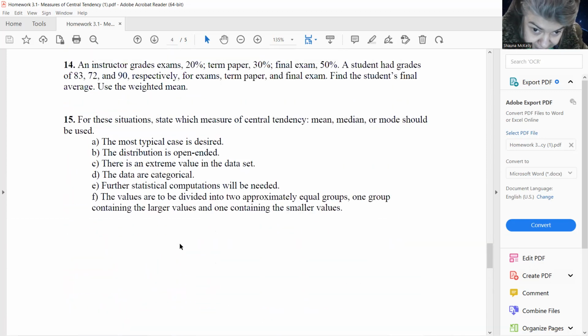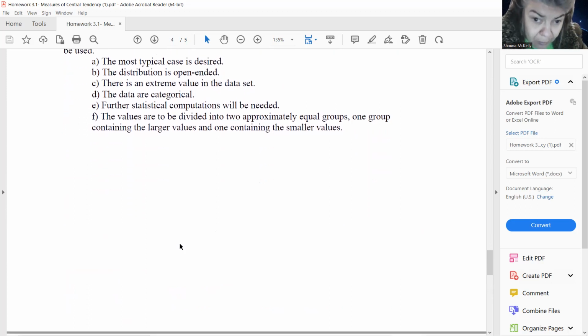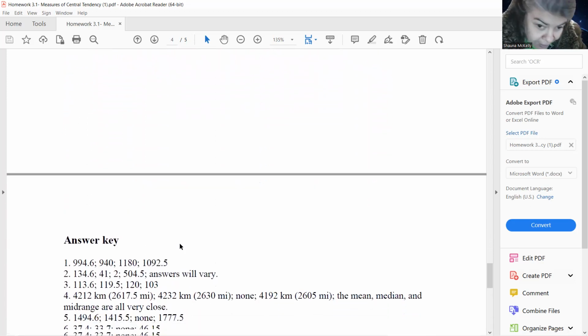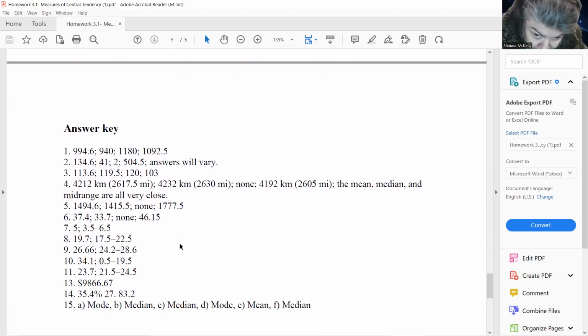All right, the next thing it says, if the data are categorical. Well, if the data are categorical, remember, we don't have numbers, we have categories. So if the data are categorical, you're going to need a mode for that. You're going to need the most frequent score, or the most frequent category that people mention. If I say I went out and I collected data on people's favorite type of pet, and I asked them, is your favorite type of pet a cat, a dog, or something else?